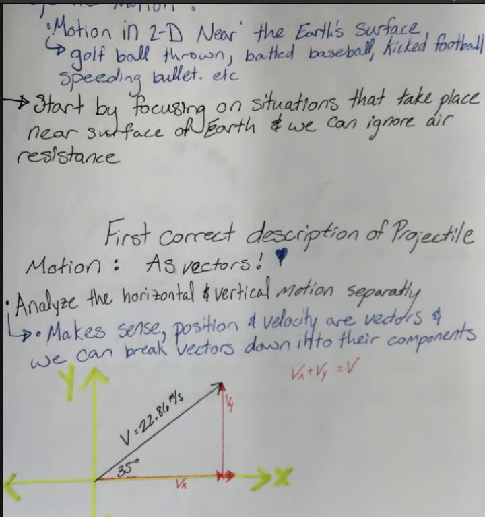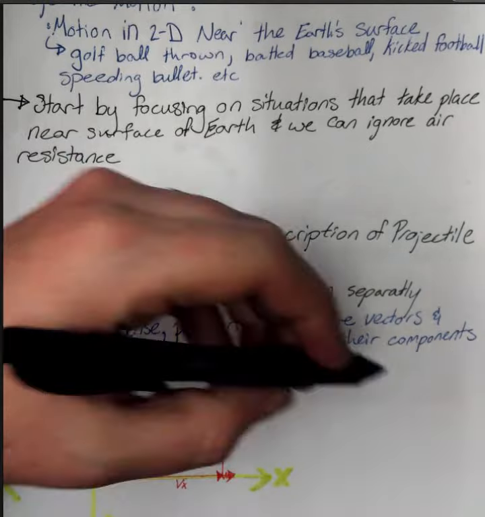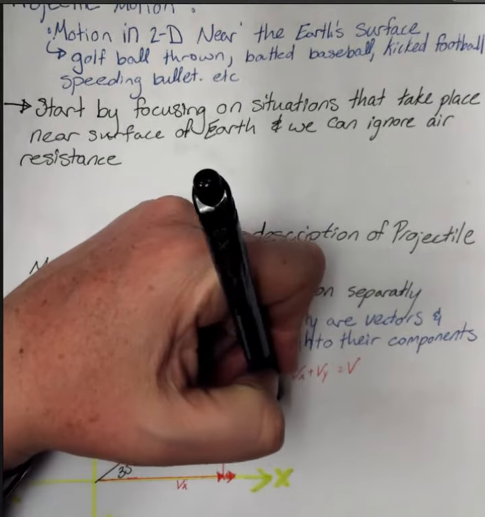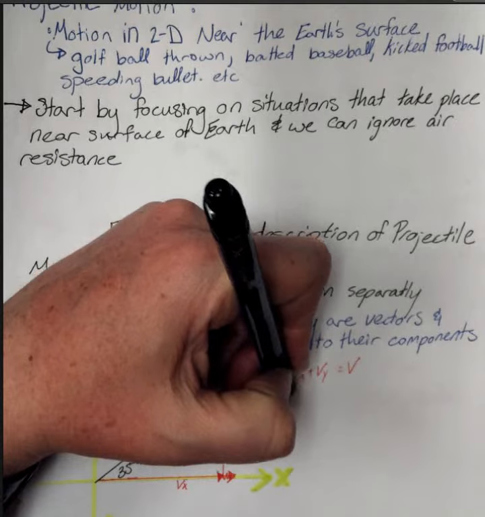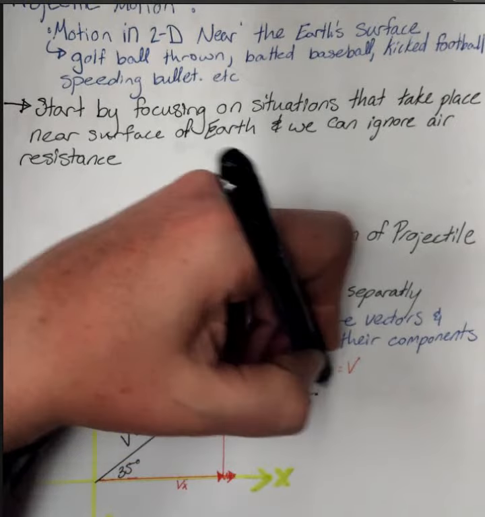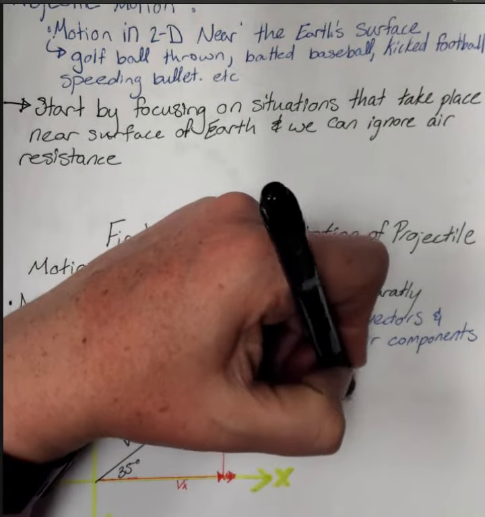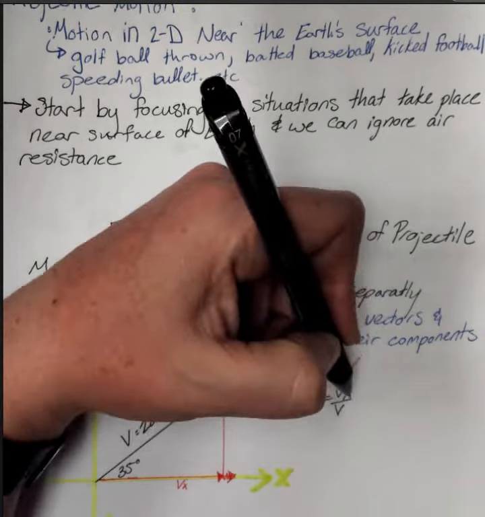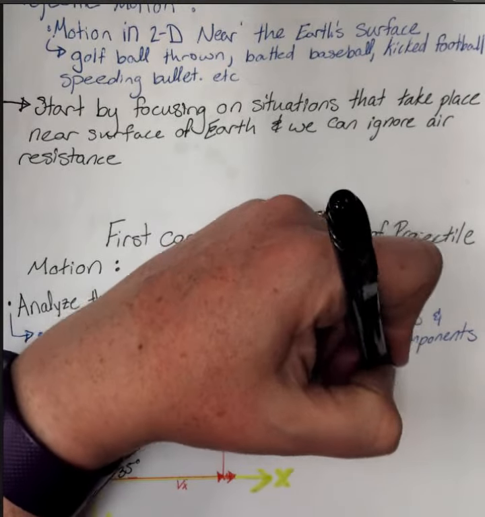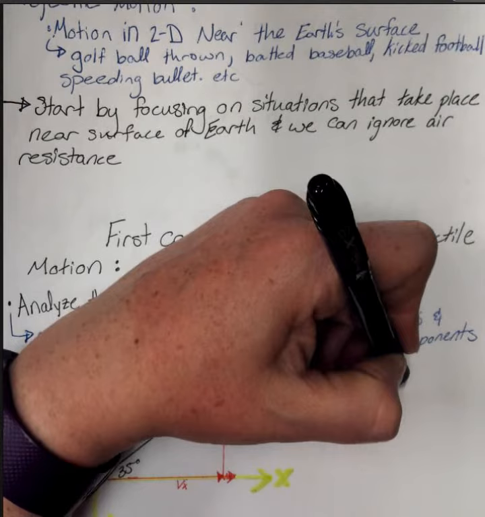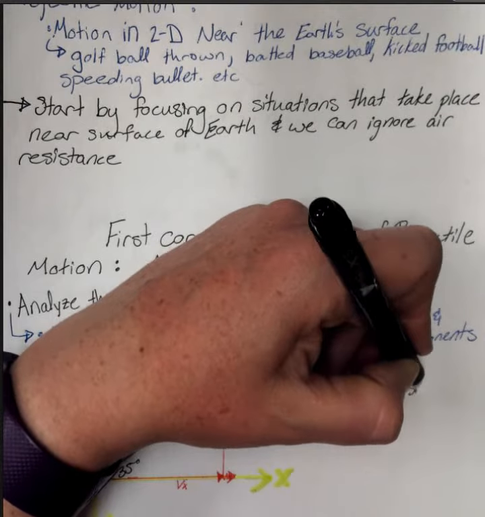So what I want to know is what Vx is and what Vy is, so I'm going to use my SOHCAHTOA. I'm going to use my relationships. And I know that the sine of 35 degrees is going to equal Vy over V. So that means that Vy is going to equal V sine 35.